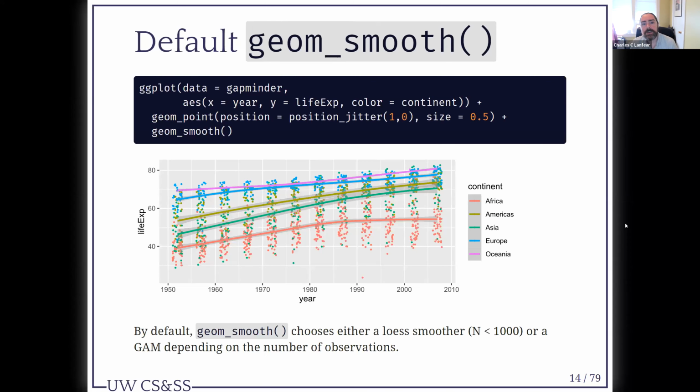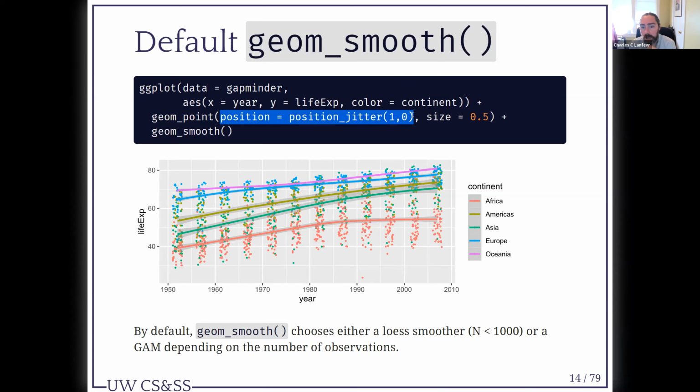We're going to make a ggplot. Our data is the Gapminder data. My aesthetics are year on the x-axis, y is life expectancy, and color is continent. By doing color continent, it's going to break the data up into different bins, one for each continent. I then say I'd like to do geom_point, a scatter plot.